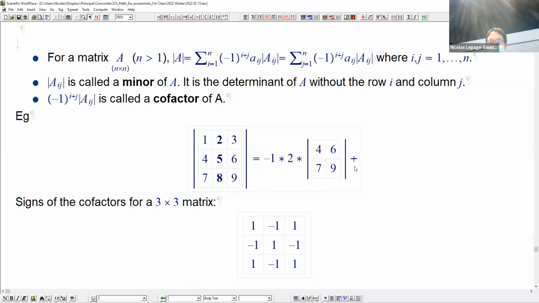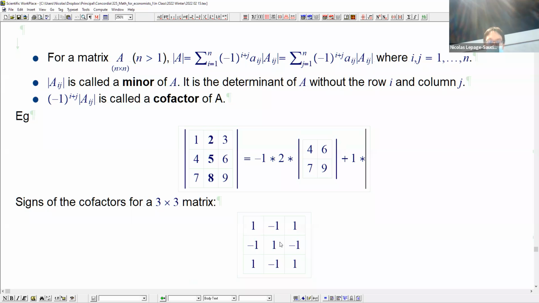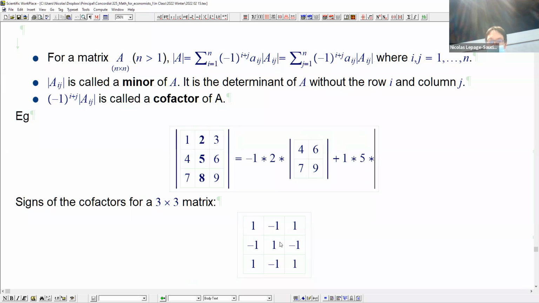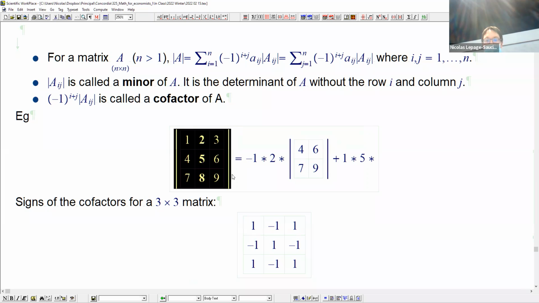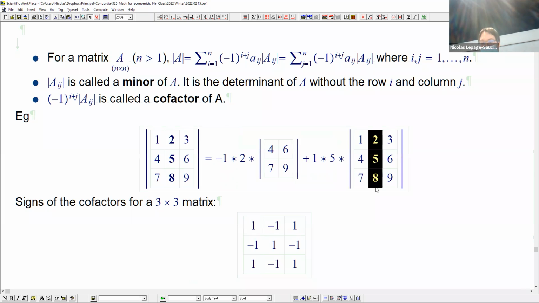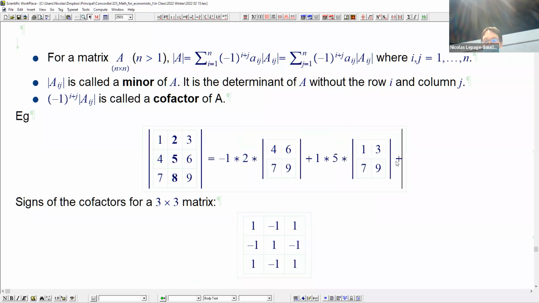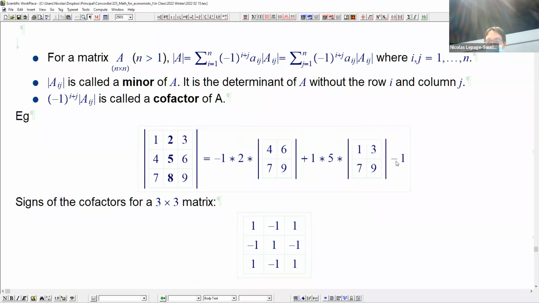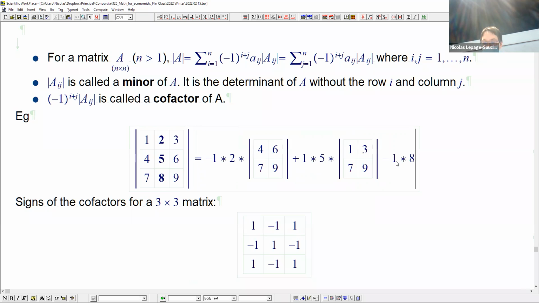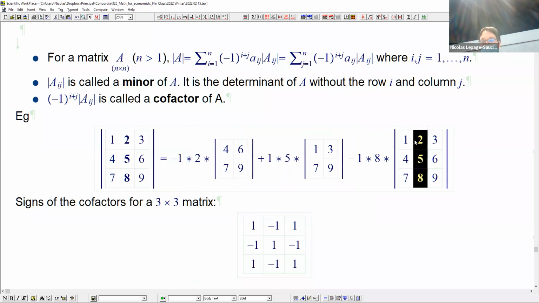Plus, now the second one here is 1, 1 times 5 times the determinant of this submatrix. And then plus or minus 1, 8 times the determinant of this submatrix.